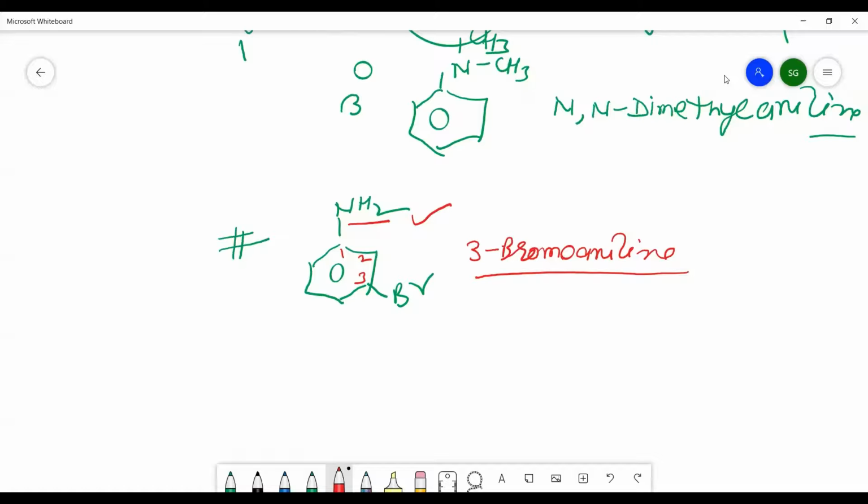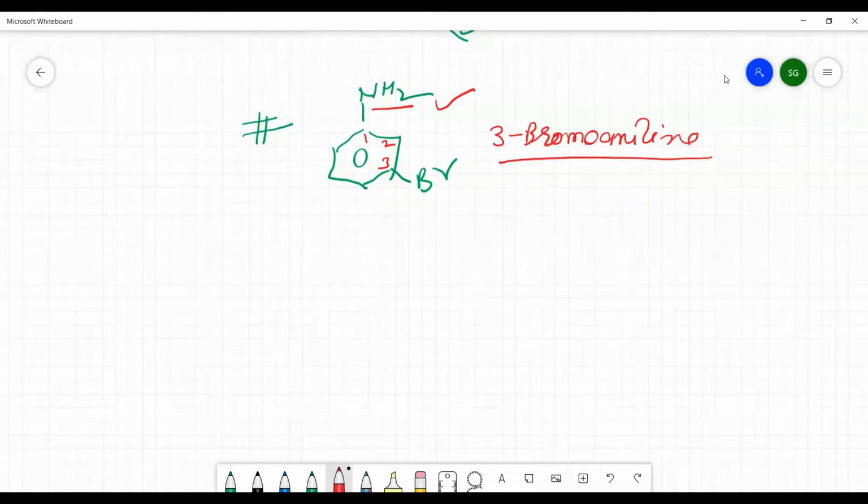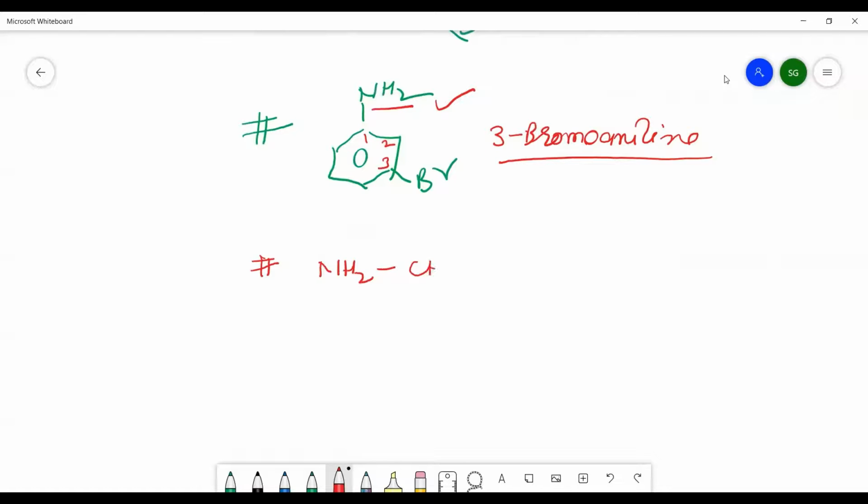Now suppose you take a compound in which the NH2 becomes a substituent. Suppose you are having such a compound in which cyanide is present. So cyanide has higher priority over NH2. So it is the cyanide group which will decide the lowest position. So it will be 1, 2, 3 and 4, and NH2 will be taken as a substituent. So what will be the nomenclature for this compound?